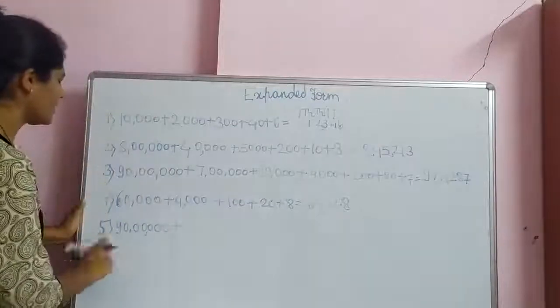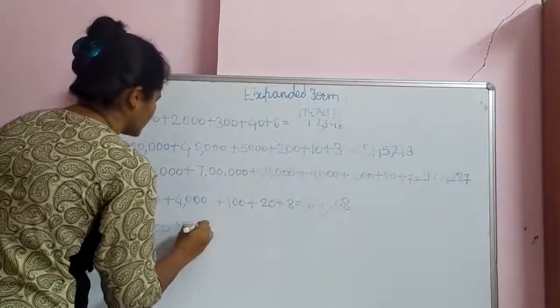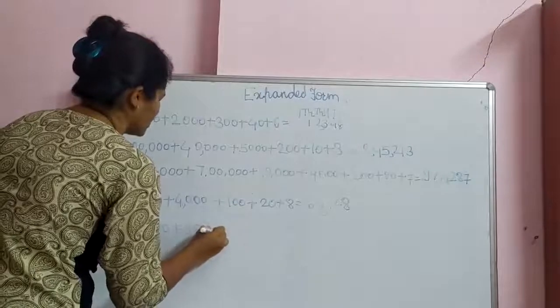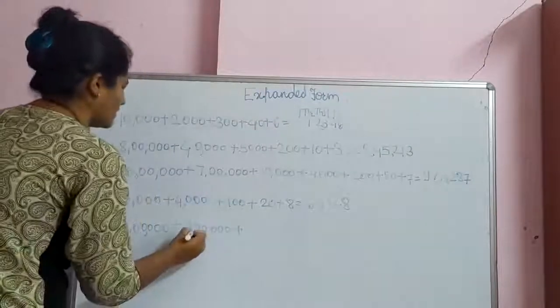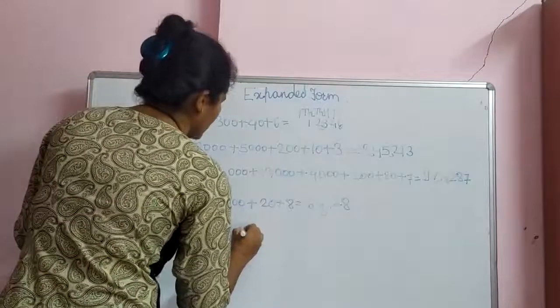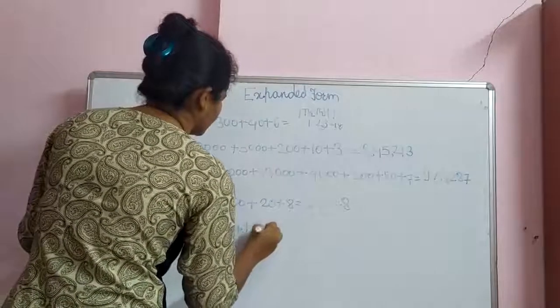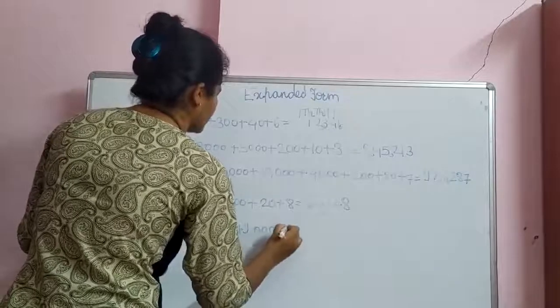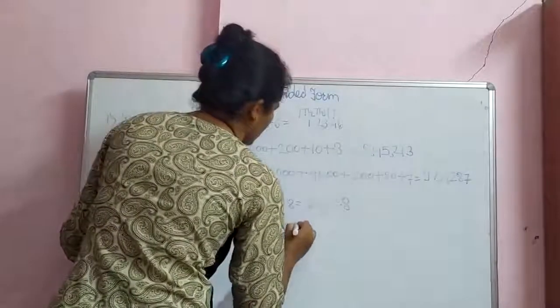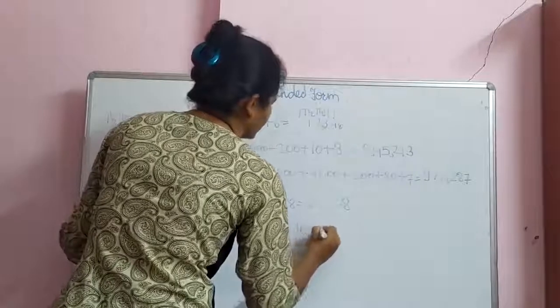What is it? This is the 90 lakh. Then 9 lakh. Then 90,000. Then 9,000.